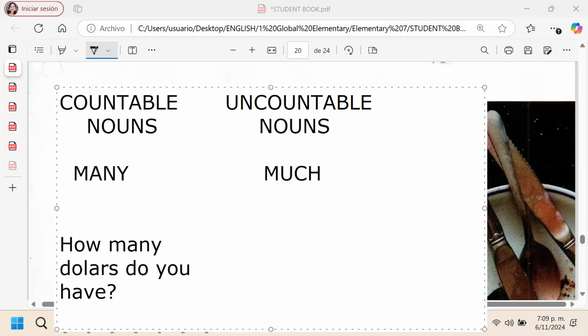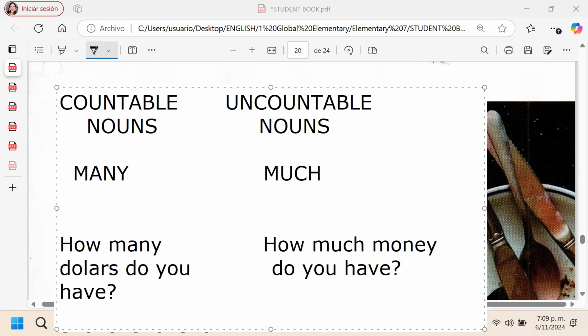But we say, how much money do you have? Because money is uncountable. Dollars is countable. So how much money? Or how many dollars? Because dollars are countable.